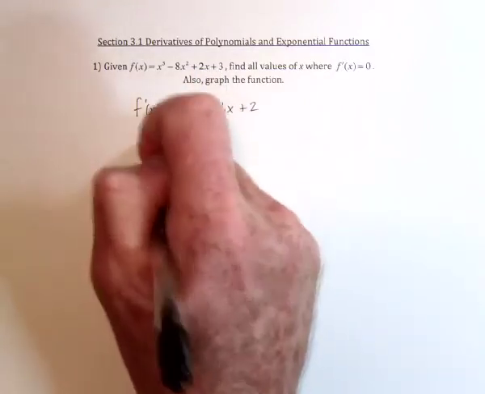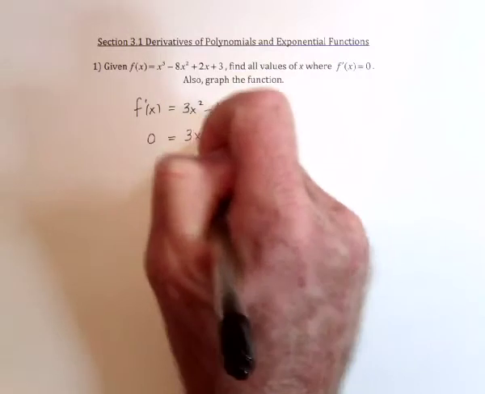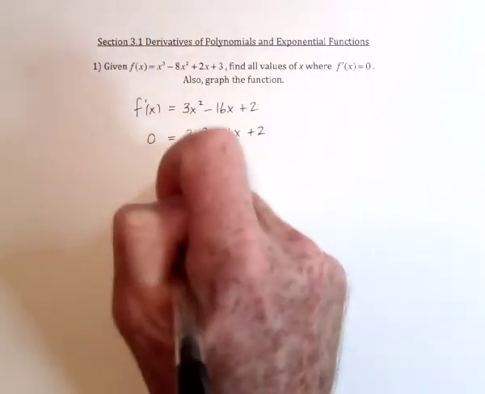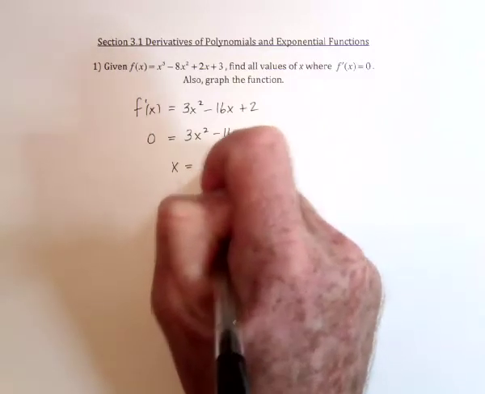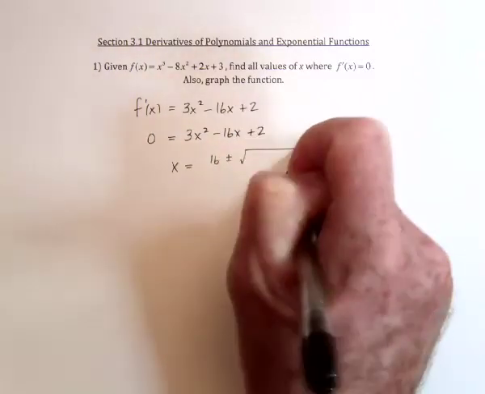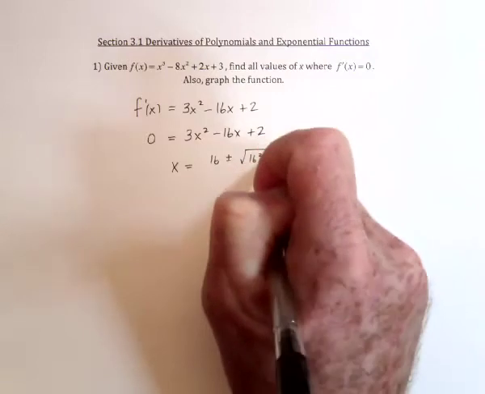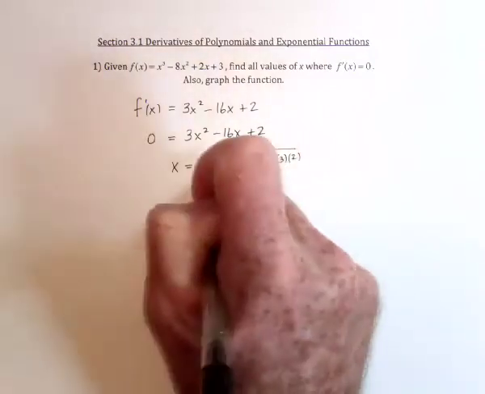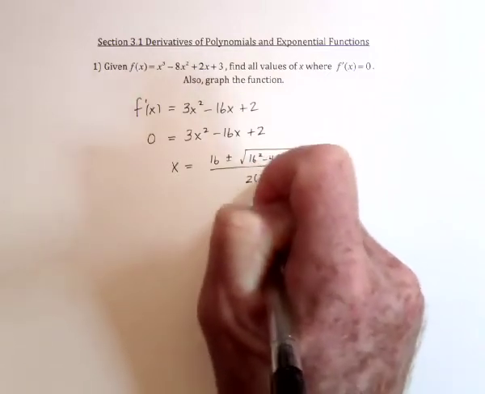So if we set this equal to 0, we can then use the quadratic formula. x is equal to negative b plus or minus the square root of b squared minus 4, the a and the c, all divided by 2 times a.